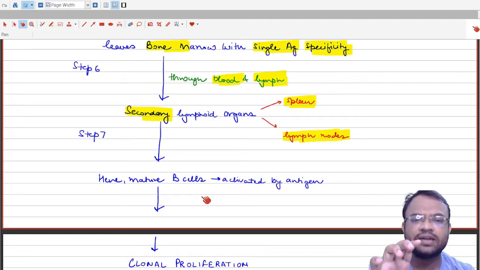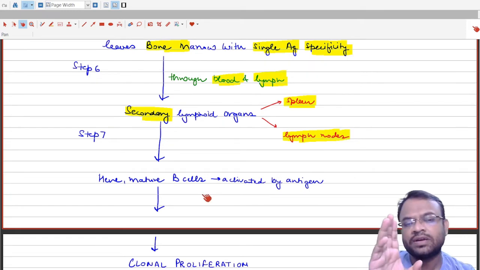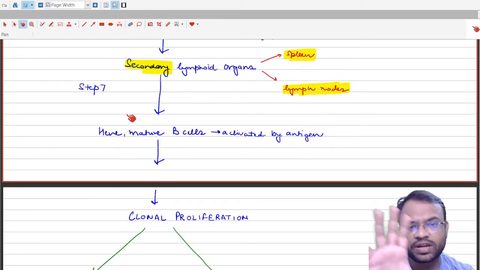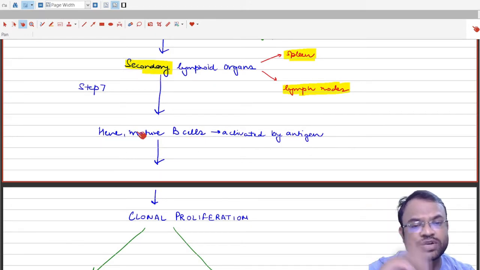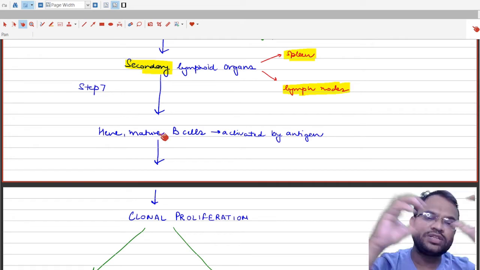I have already said that secondary lymphoid organs are the places where the interaction between the B cells and the antigen takes place. Now, once the B cell is over here, this is the mature B cell, but as of now it is naive. Once it reaches the secondary lymphoid organ, an antigen would also be present over here, and both of them will react with each other.